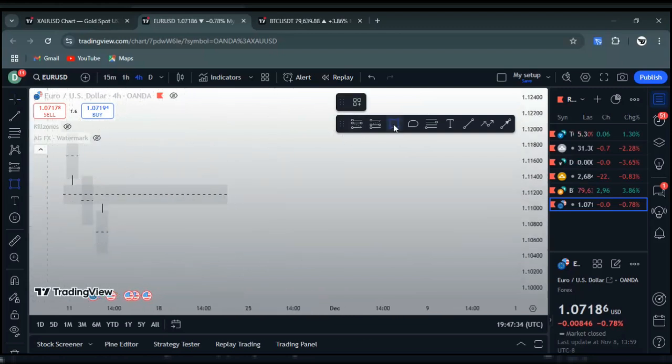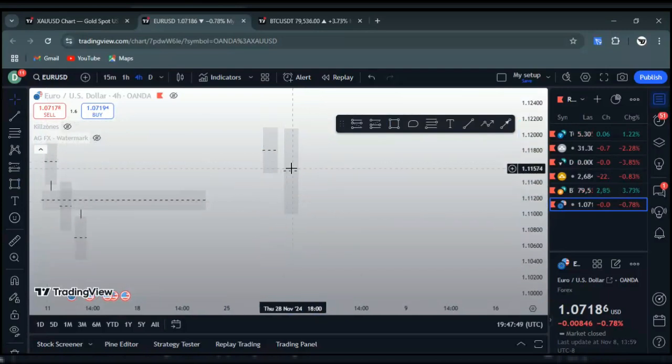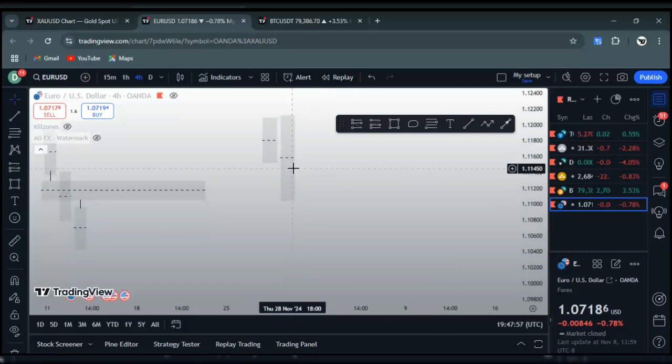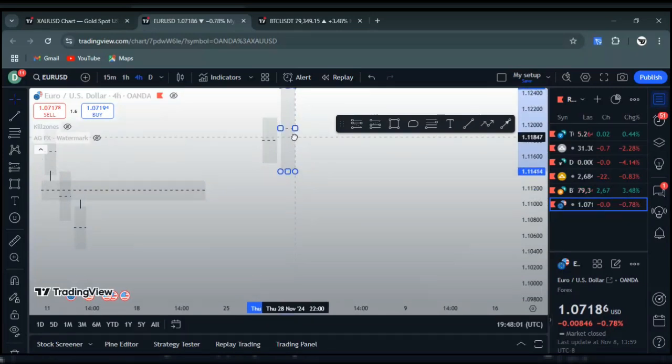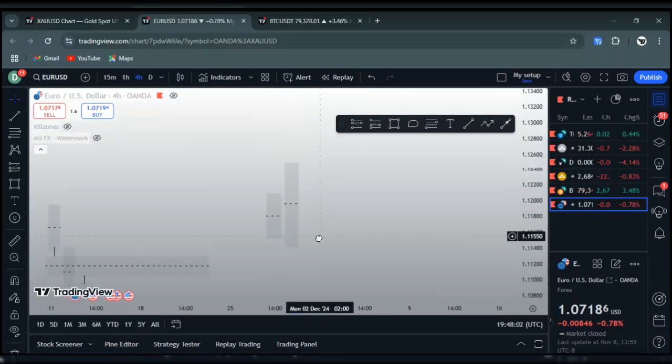And again, we spoke about order blocks, which I say is the same thing as bullish engulfing or bearish engulfing. When a buy candle overpowers the sell candle, this is signifying that buyers have entered the market and they have overpowered the sellers.